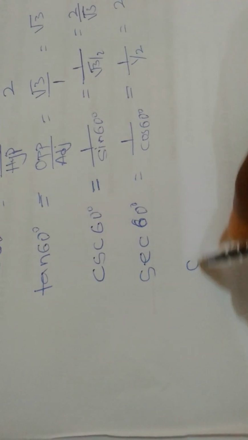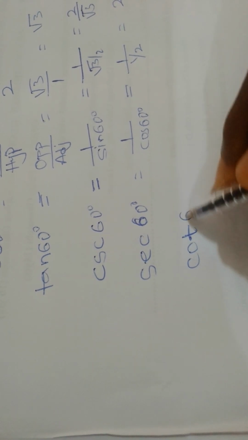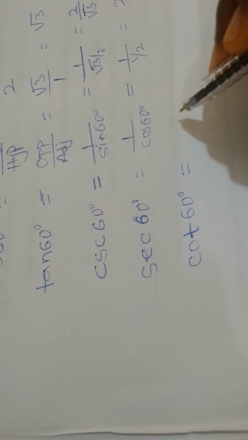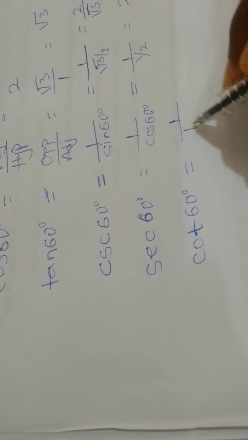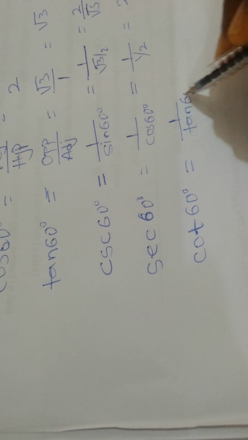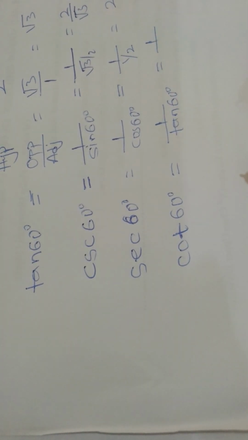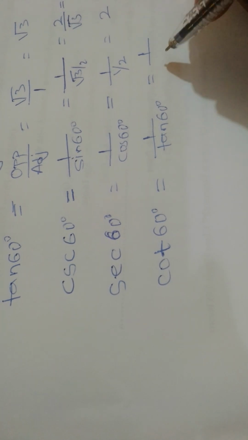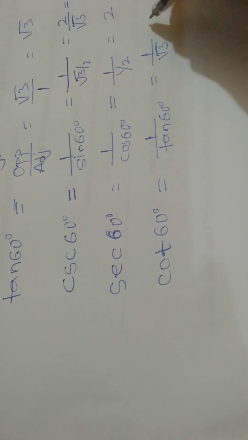And finally, cotangent, which is written as cotangent 60 degrees. So that is the reciprocal of tan 60 degrees. Then we have 1 over, we have obtained tan 60 degrees to be root 3. So it's going to be 1 over root 3.